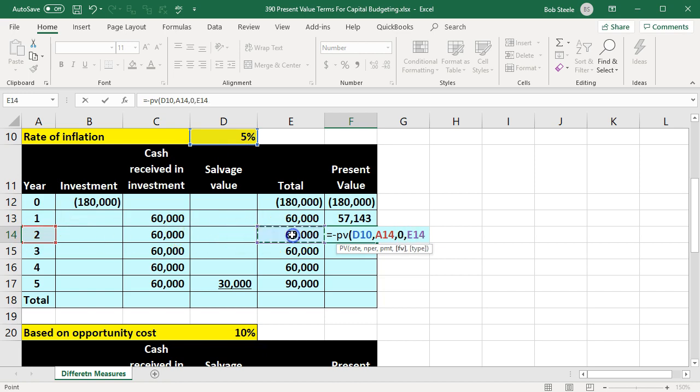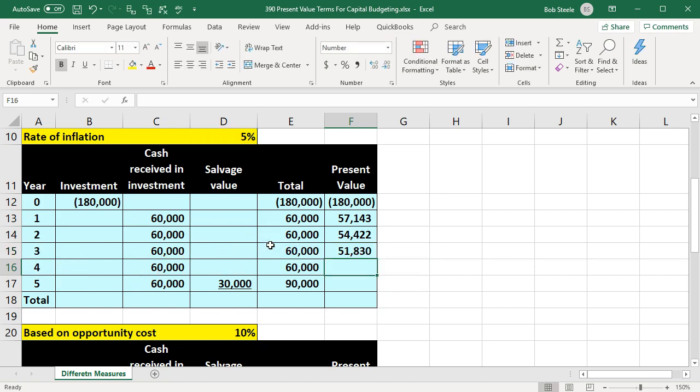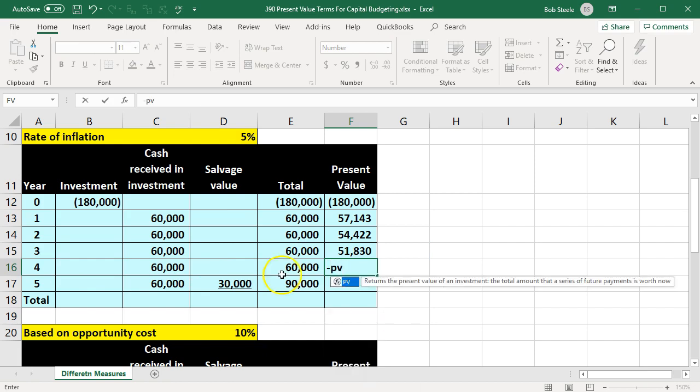future value 60, enter. Once again, negative present value, double click, rate 5%, comma, number of periods 3, comma, payment 0, comma, future value 60, enter. Then negative present value, double click, rate, comma, number of periods 4, comma, payment 0, comma, future value 60.